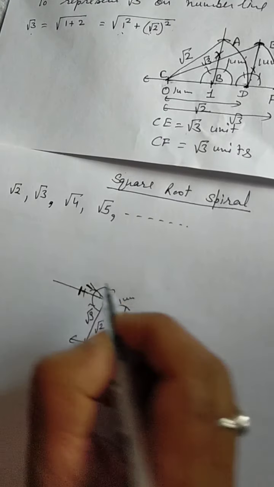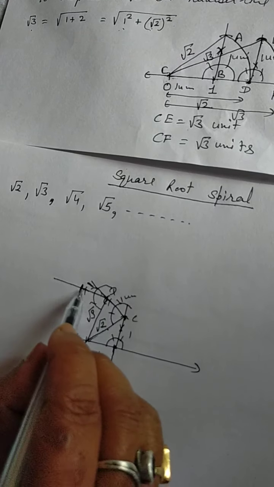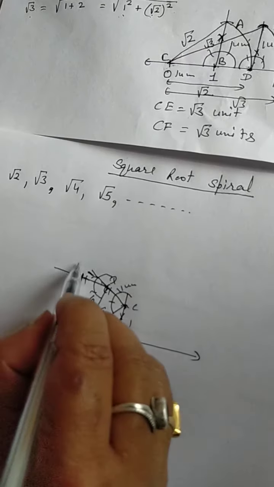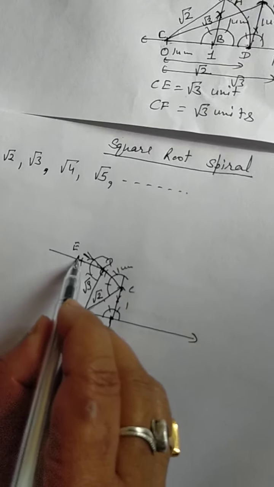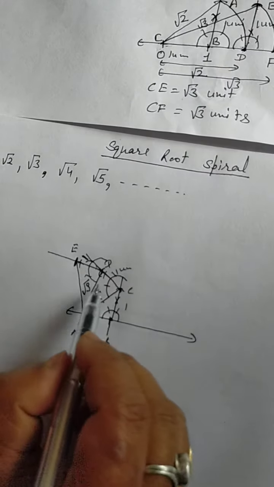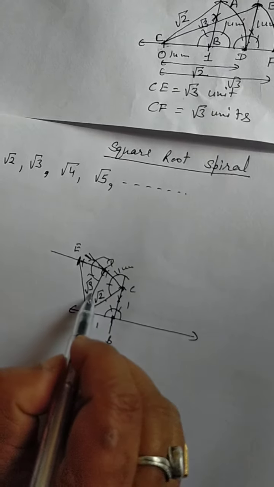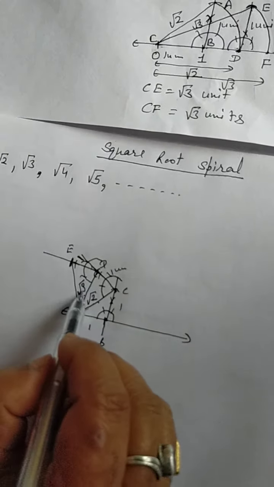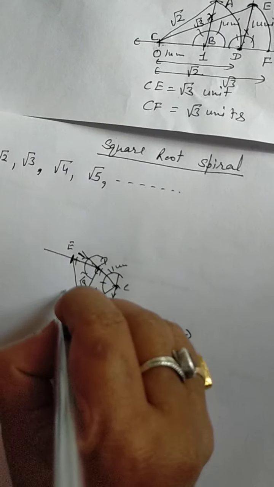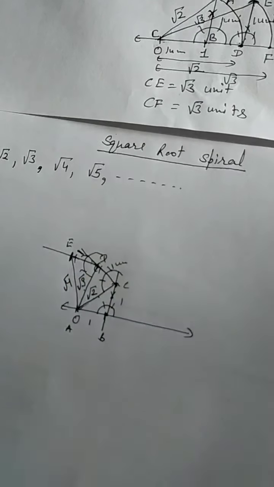This is square root 3, this is 1. Suppose this point is E, you join A to E. Apply Pythagoras theorem. Square root 3 square is 3, 1 square is 1, so 3 plus 1 is 4, so it will be square root 4.